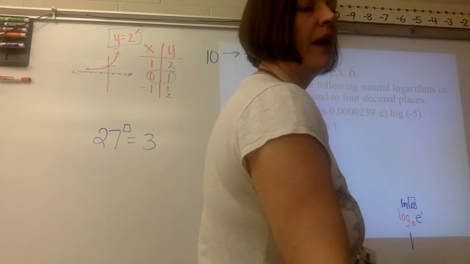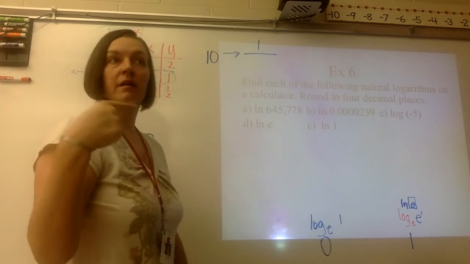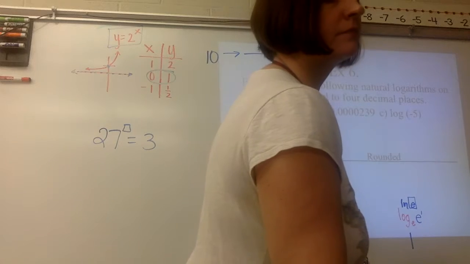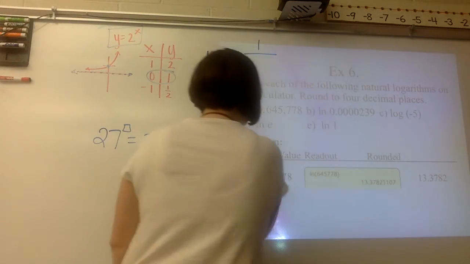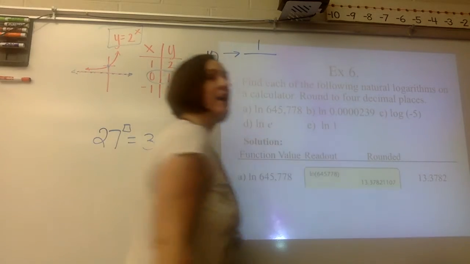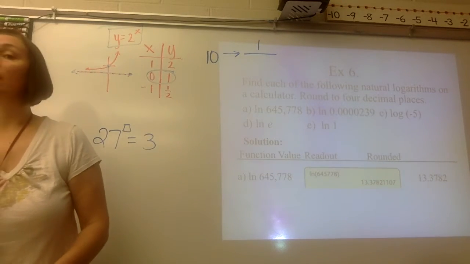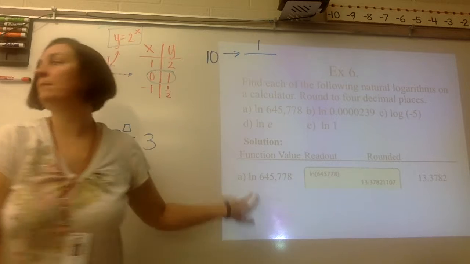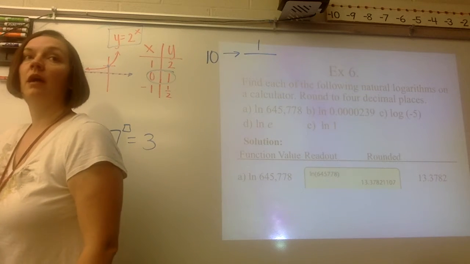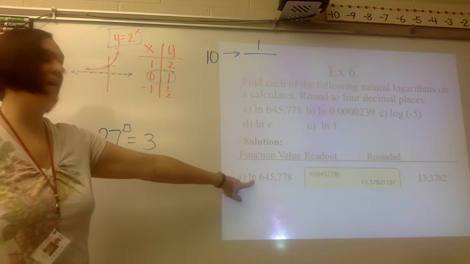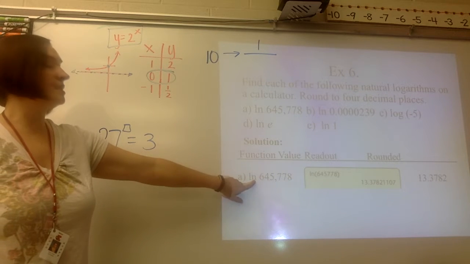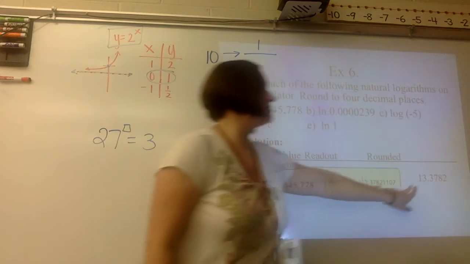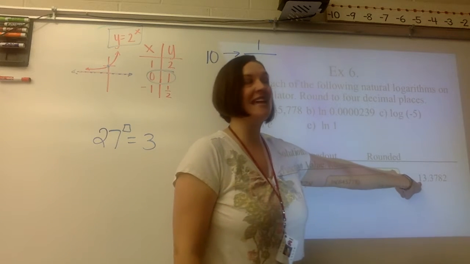Okay, so real quickly, you don't have to put these in because I'm going to give you the answers. If you pick up your calculator and type in ln, and you put in the same number, 645,778, the answer that comes out is 13.3782.